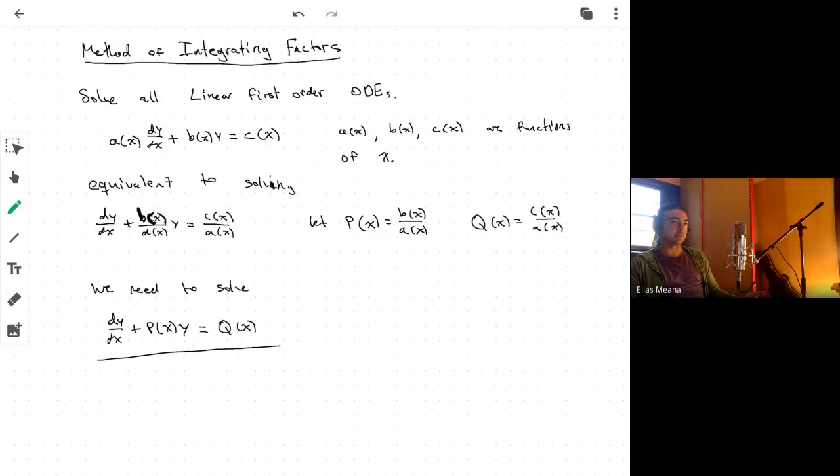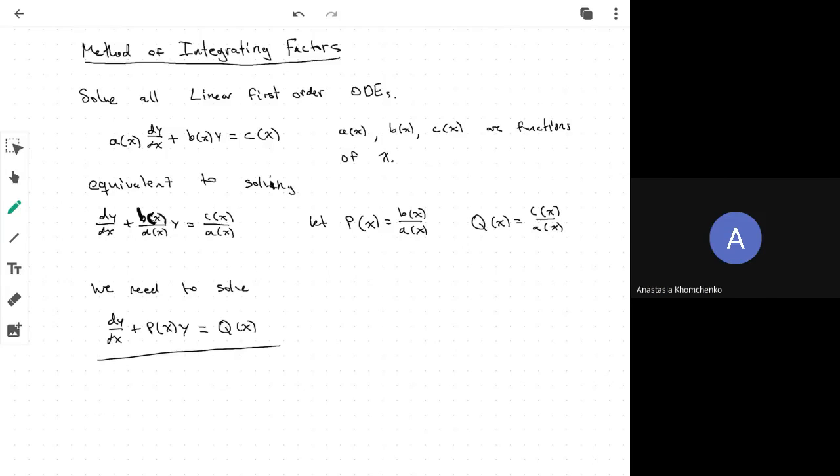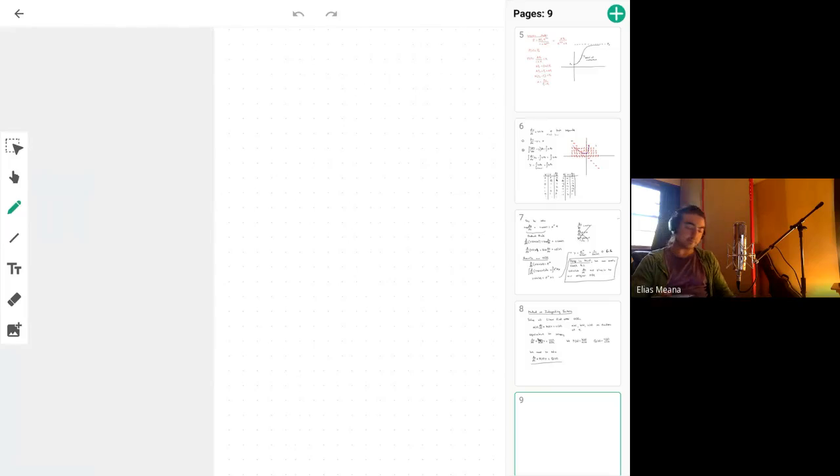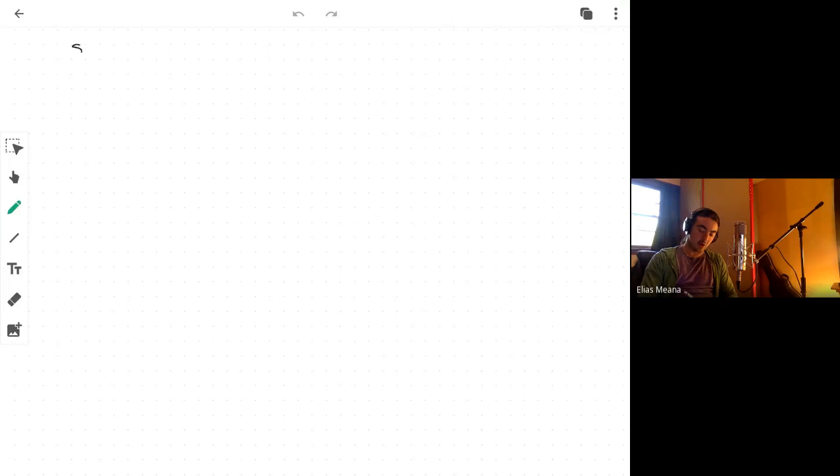Make sense? Yep. Okay. All right, so let's dedicate a page at least to this. We're going to say our goal now is to solve dy dx plus p of x times y equals q of x, where we just remember that p of x and q of x are any functions of x, okay?